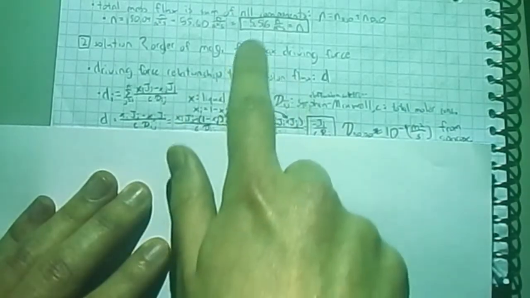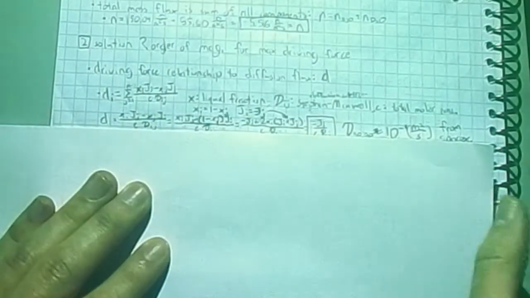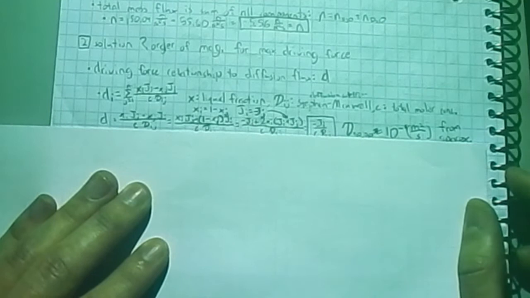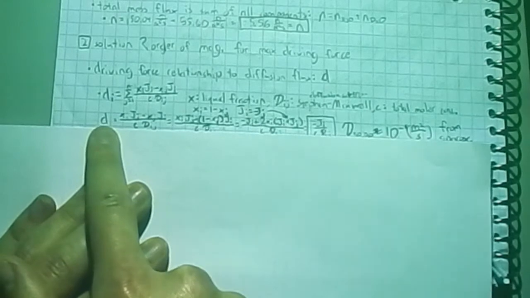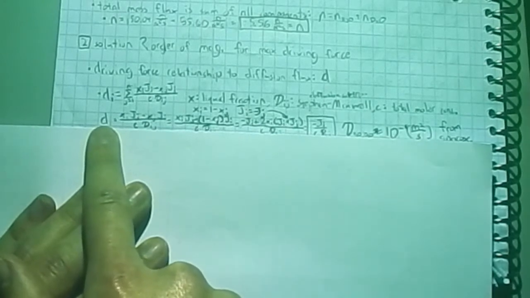And because, similarly to how we talked about up here, the diffusion fluxes of water and deuterium are going to be equal and opposite to each other, we're just going to call the driving force D. It's not for either component specifically, it's for either component.